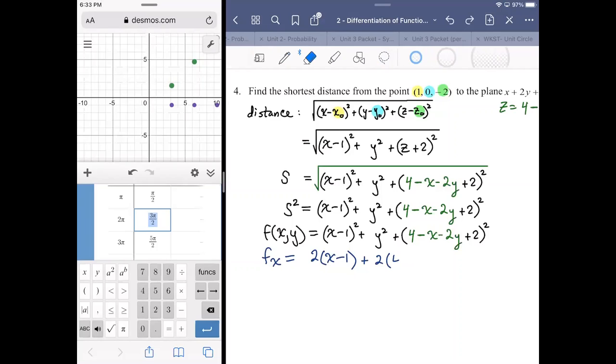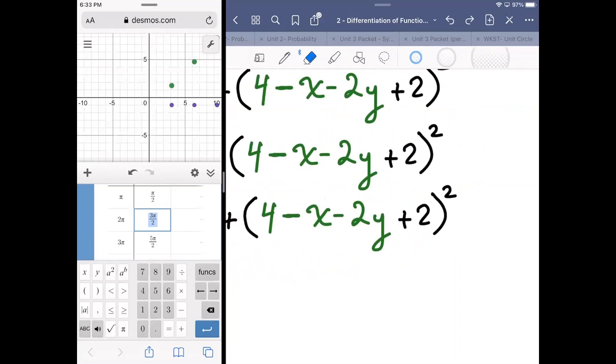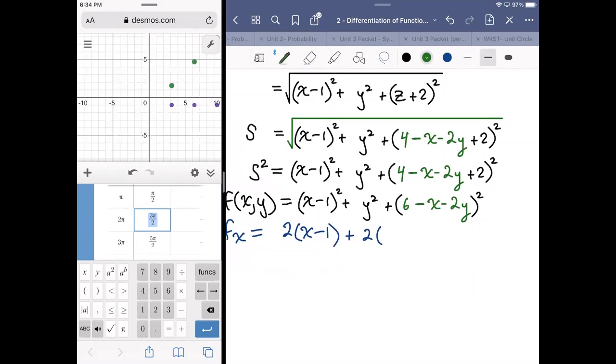Let me do that really quickly. 4 plus 2 will give me a 6. All right, so 6 minus x minus 2y to the first power multiplied by the derivative on the inside. The derivative on the inside is only going to be related to the negative x, which is going to become a negative 1.